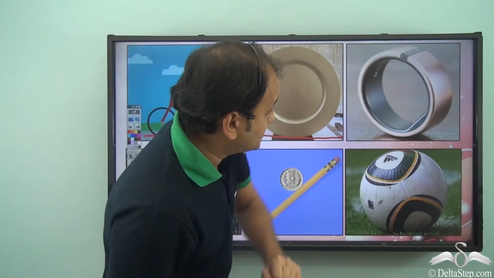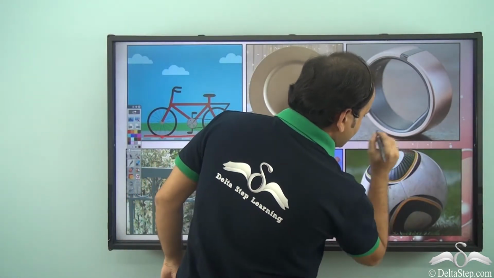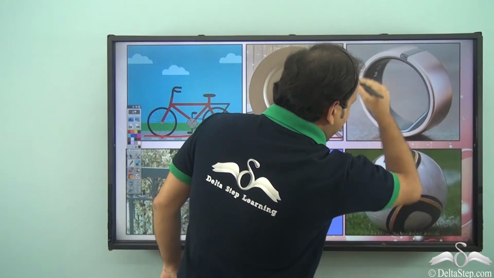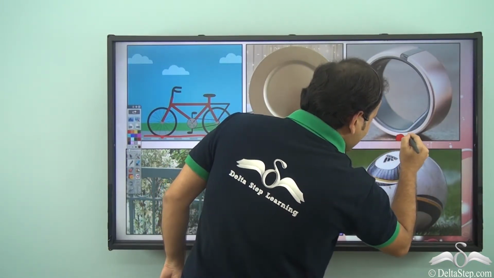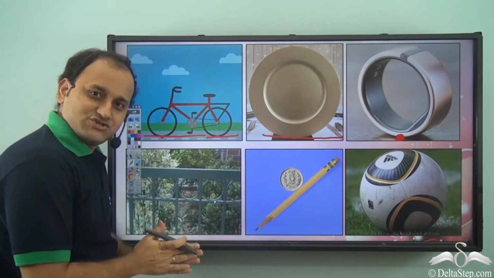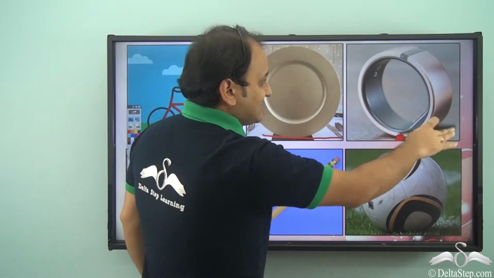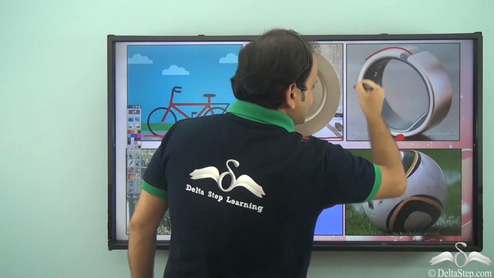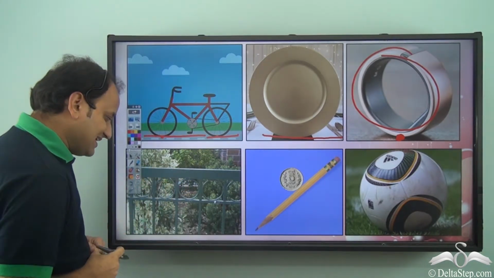Now what about this particular thing? Again, what do we see? That this particular surface is in contact with this circle exactly at one point, and so again this surface we can say is acting as a tangent to this particular object. What about these?